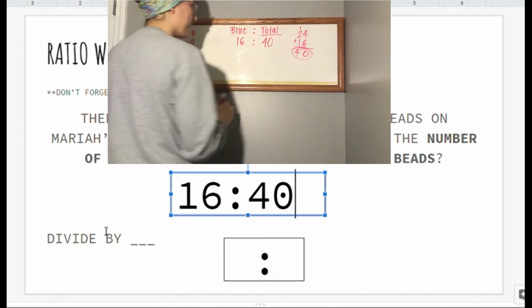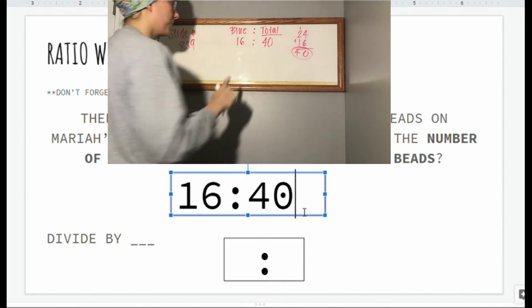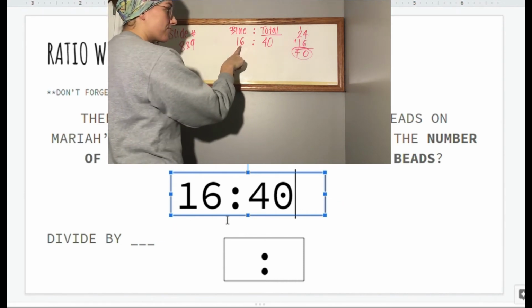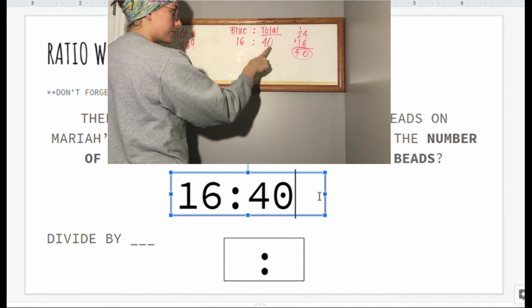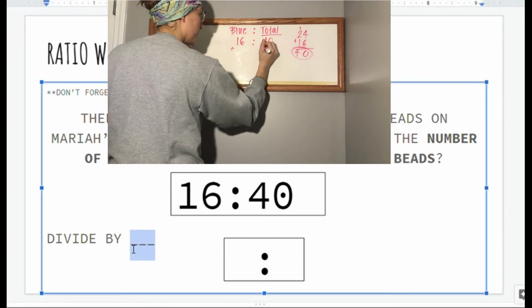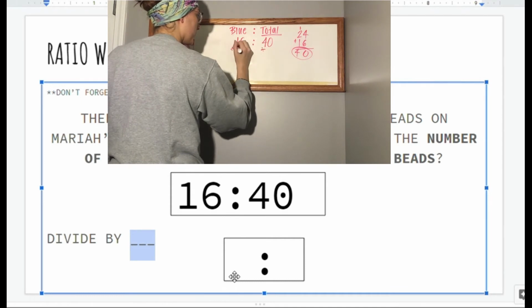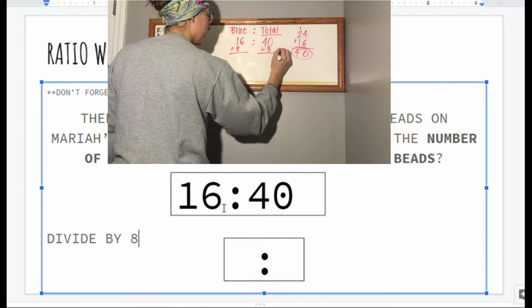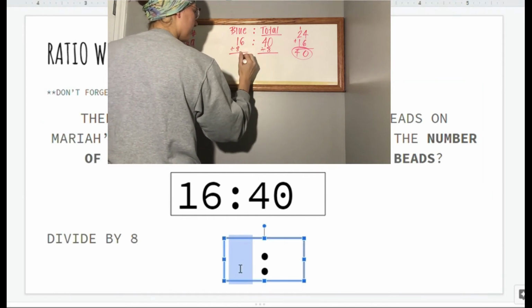Now we need to ask ourselves, we have to simplify this. So we need to ask ourselves, what number can we divide both 16 and 40 by? Luckily, it's very similar to slide number 8, the problem we just did. We can divide both these numbers by 8. When we divide 16 divided by 8, we get 2.